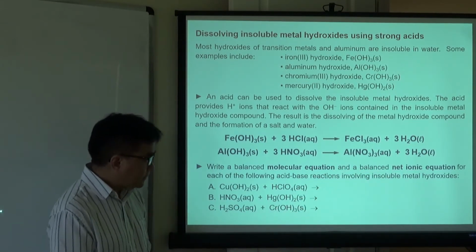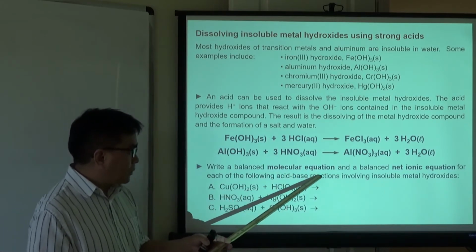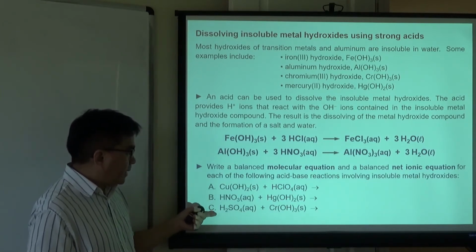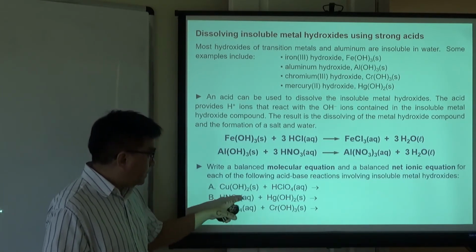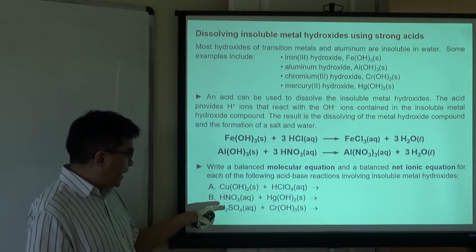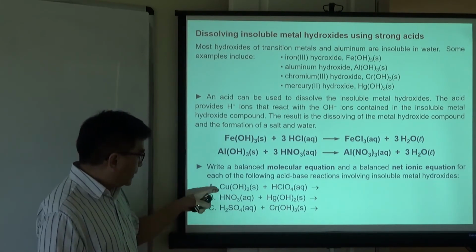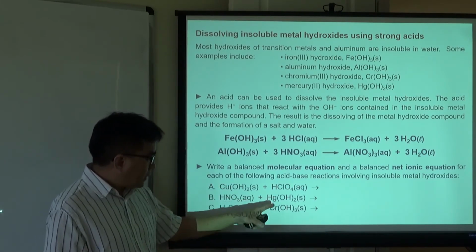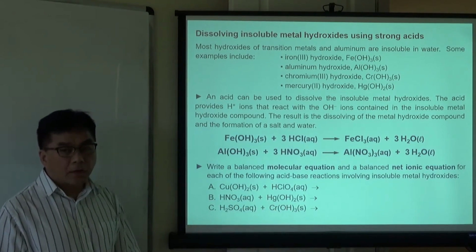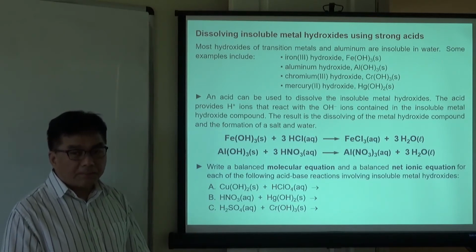Okay, again, let's write a balanced molecular equation and balanced net ionic equation for the following acid-base reactions. Now this is an acid right here: perchloric acid, nitric acid, sulfuric acid, all of those are strong acids. And the copper hydroxide, mercury 2 hydroxide, and chromium hydroxide are insoluble basic compounds.